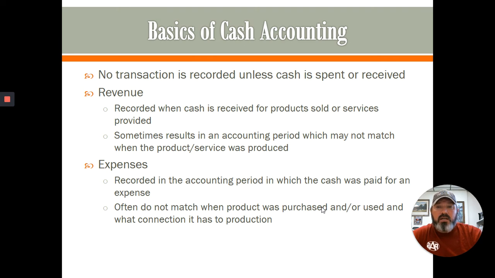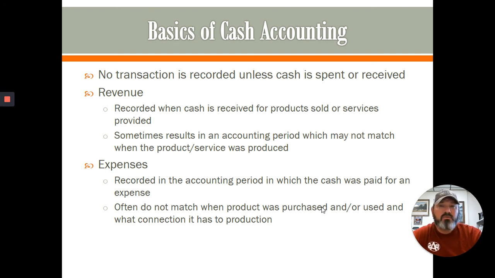When you talk cash accounting, again, simple revenue, simple expenses. I'm not going to read the whole slide here. It's very basic. The drawback here is occasionally you have cash that comes in that doesn't match when a product or service was produced. So for example, we may have produced grain in 2020, but not sold it till 2021. In a cash accounting system, that revenue doesn't come in until 2021, and it won't be counted until 2021.